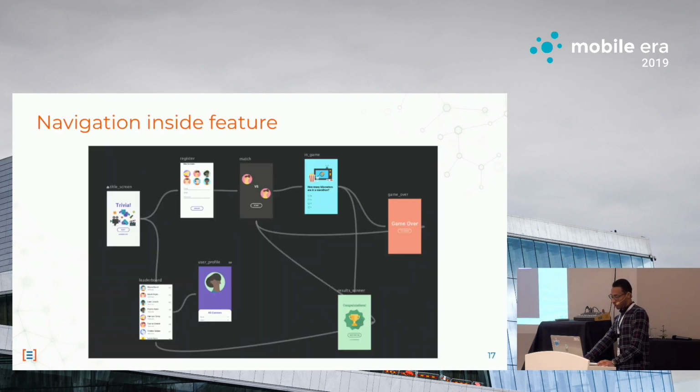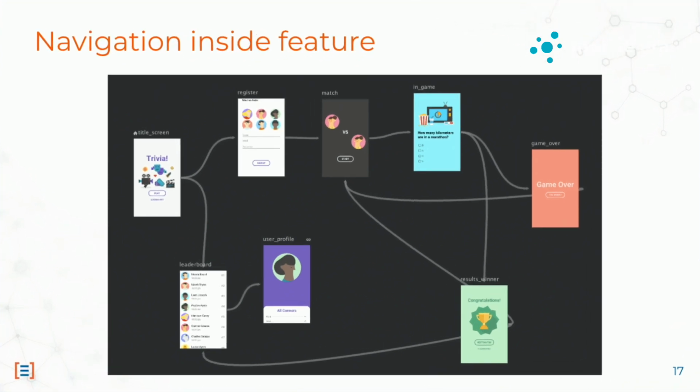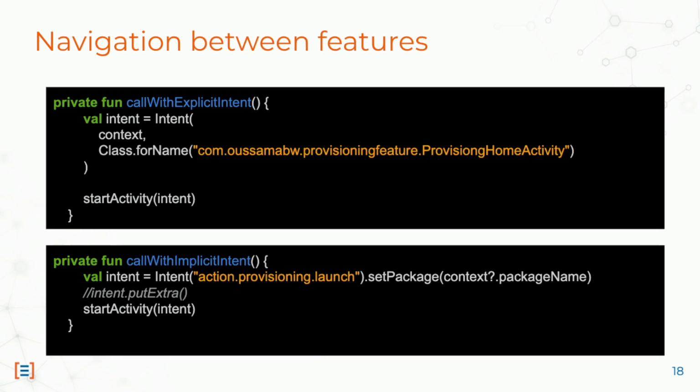Still on navigation, inside a feature we have an easy graph to understand, but between features we can use an explicit intent.